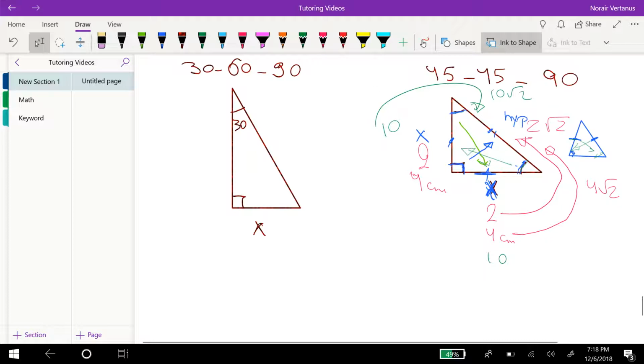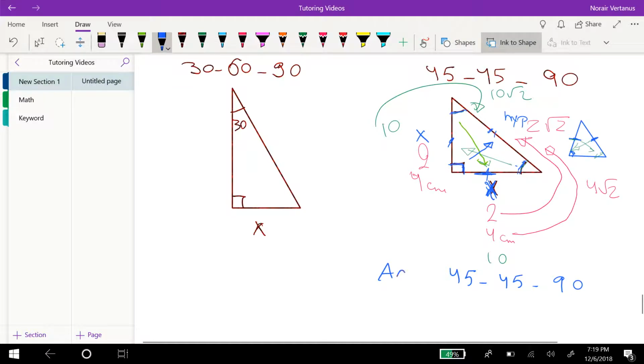Basically it's like this. Some teachers come up with this formula, so I'm going to explain it that way too, in case you have it at school. The angles are 45, 45, 90.